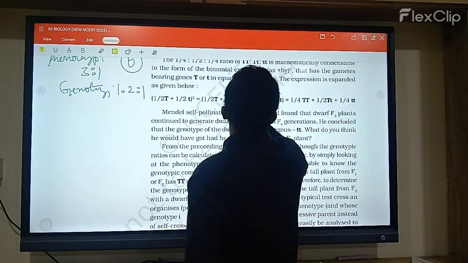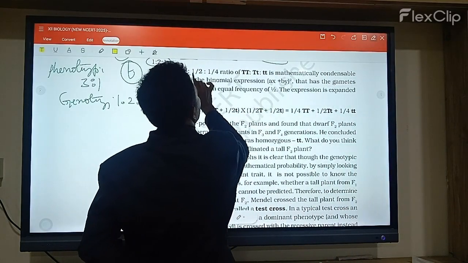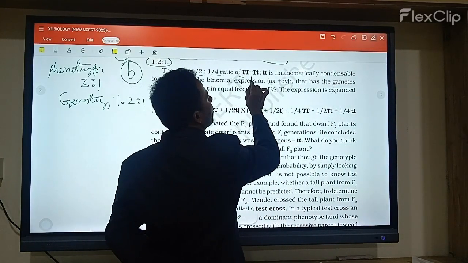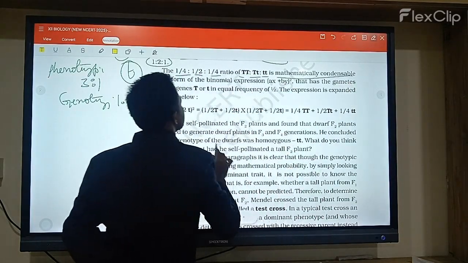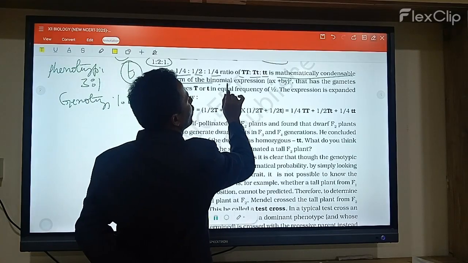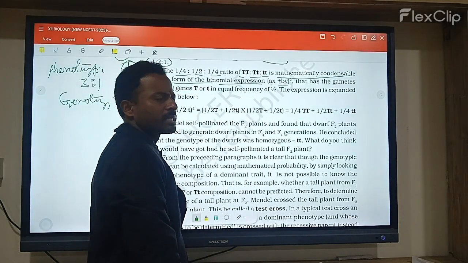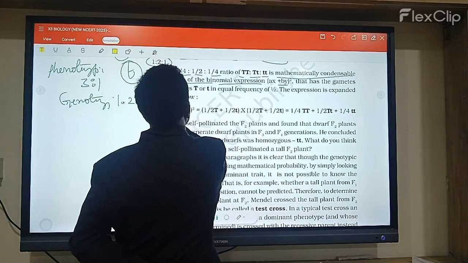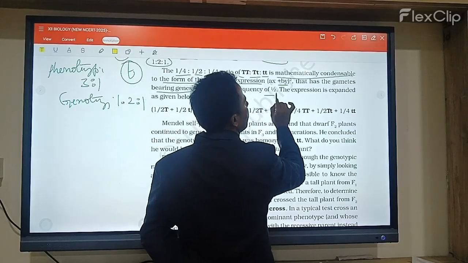Here, the formation of 1/4, 1/2 and 1/4 of capital T, capital T small t, and small t can be considered mathematically in the form of the binomial expression (ax + by) squared. The gametes bear capital T or small t with equal frequency of 1/2.